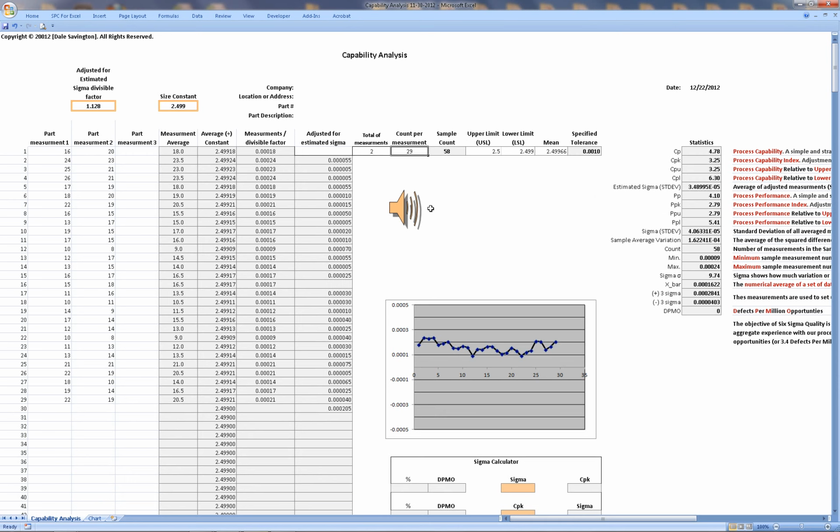The next to be entered is the upper limit, USL, and the lower limit, LSL, along with the mean. Once these have all been completed, all the capability analysis statistics should show up in the column to the right labeled statistics.